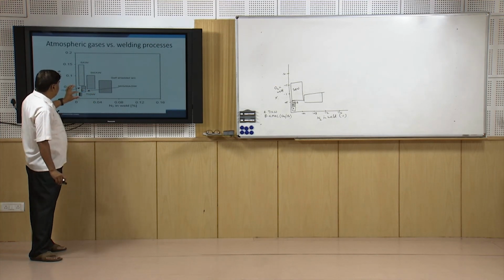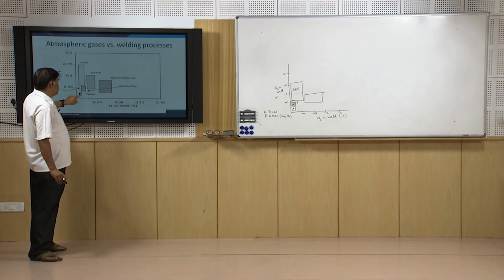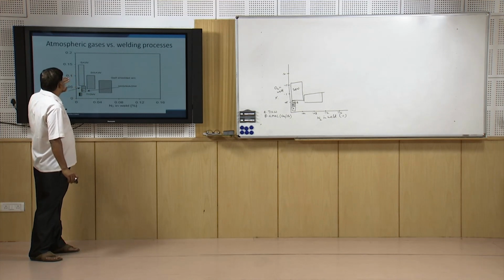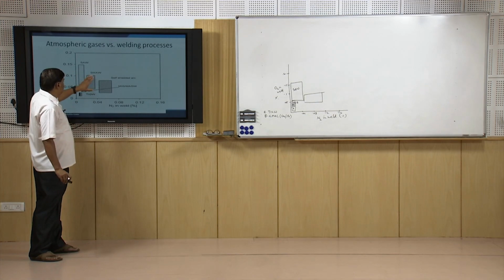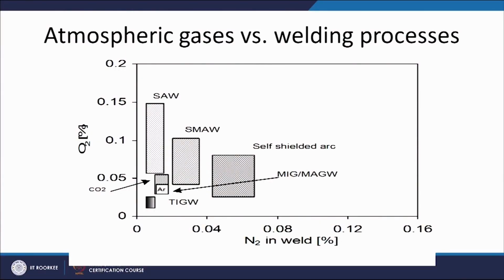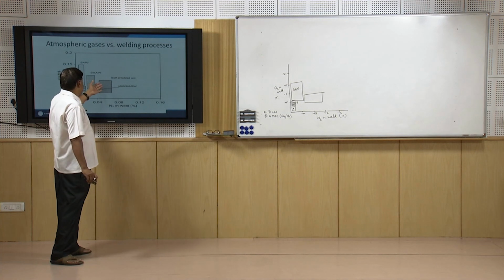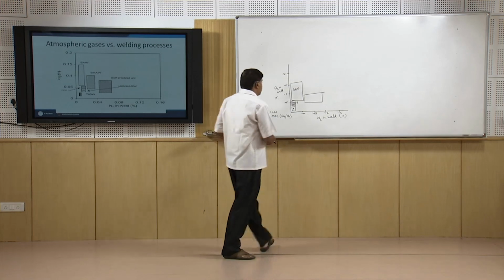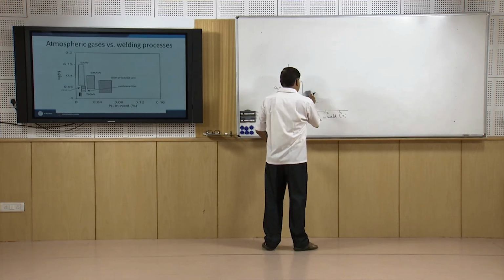Here we can see the cleanest weld is being produced with the help of GTAW, thereafter GMAW using argon or CO2, and then submerged arc welding, and thereafter more oxygen and more nitrogen in the weld produced using shielded metal arc welding, and thereafter the self shielded arc welding process like flux cored arc welding, which offers much higher concentration of oxygen as well as nitrogen.